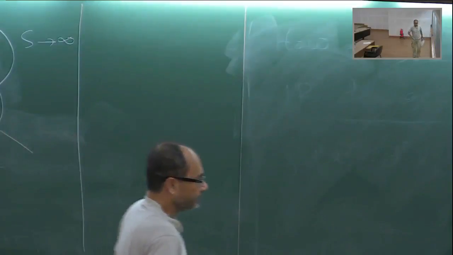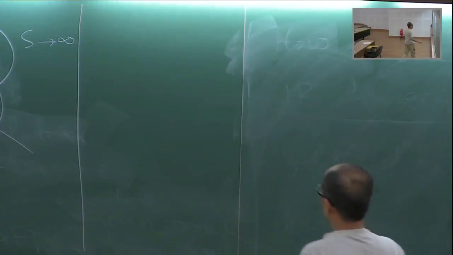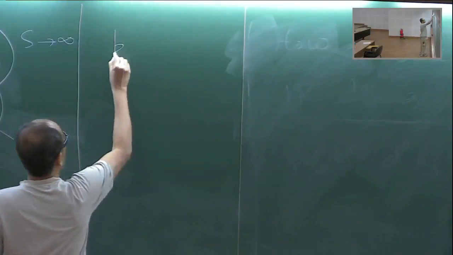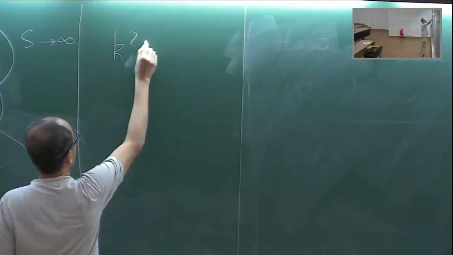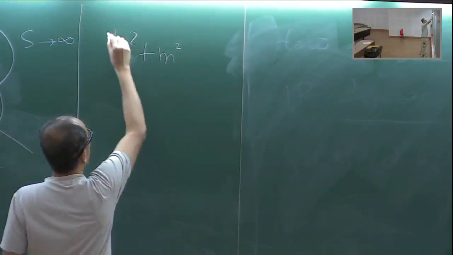Essentially we look at this formula and see where we can possibly get a divergent result from the s_i going to infinity limit, because those are the limits that correspond to degeneration in the Riemann surface language. So we have k_i squared, let me just write, k squared plus m squared inverse.